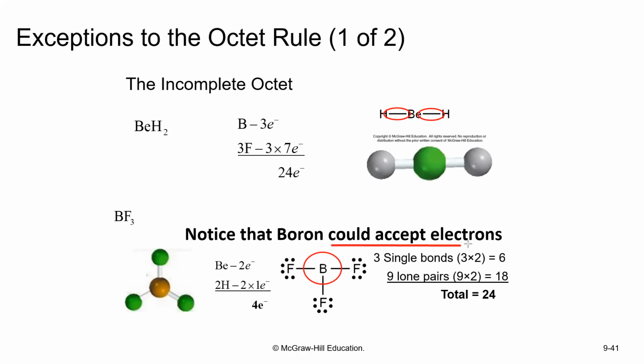We need to know this. The boron can accept electrons. That's going to be significant to us. But we need to be able to do the Lewis structure in order to see that the boron can accept electrons.